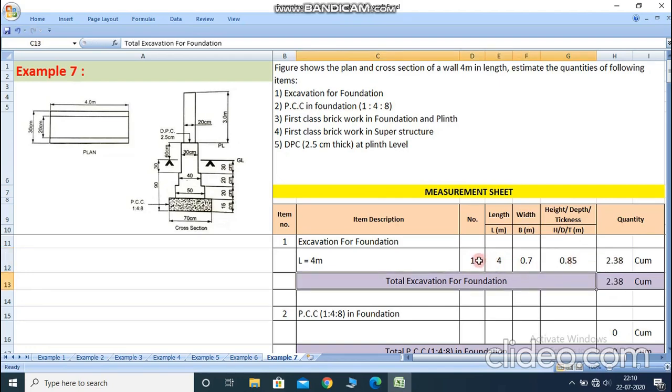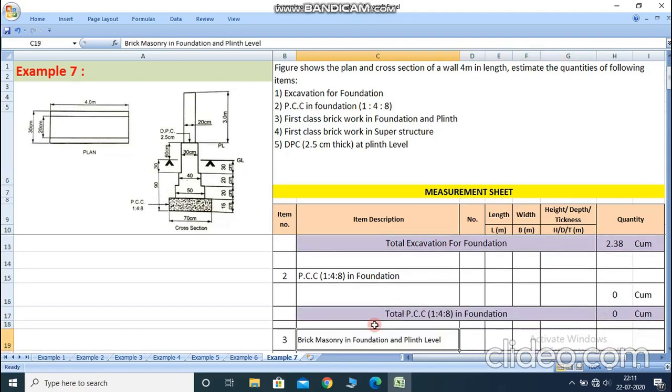So we got an answer of 2.38 cubic meter, from the multiplication of the number, length, width and depth of the excavation.